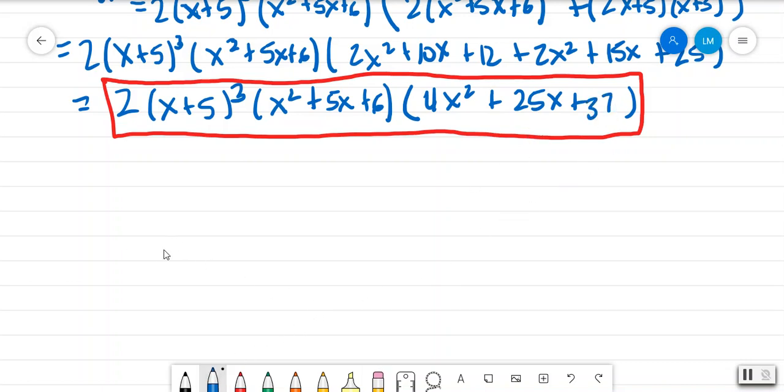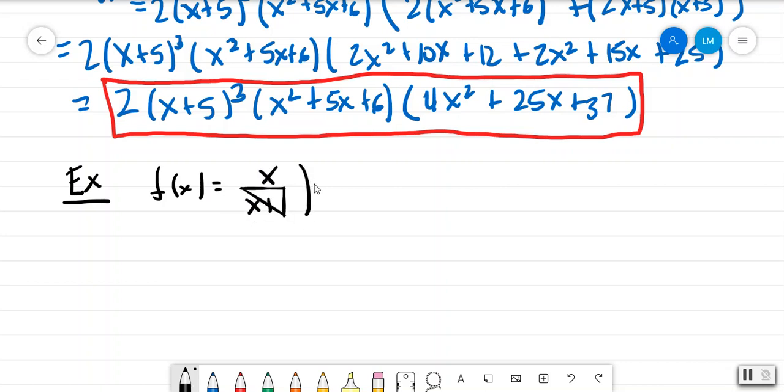Okay, now in this last example, so this one was product and chain rule. Let's say that we have the following function, f of x equals x divided by x plus 1, raised to the second power. Now, there are several ways that you can rewrite this equation.